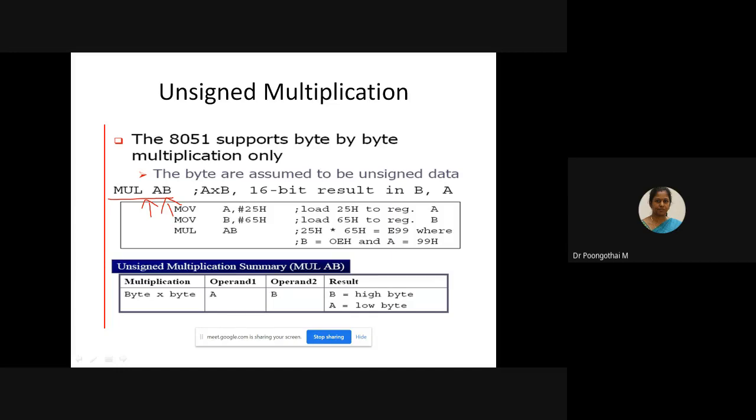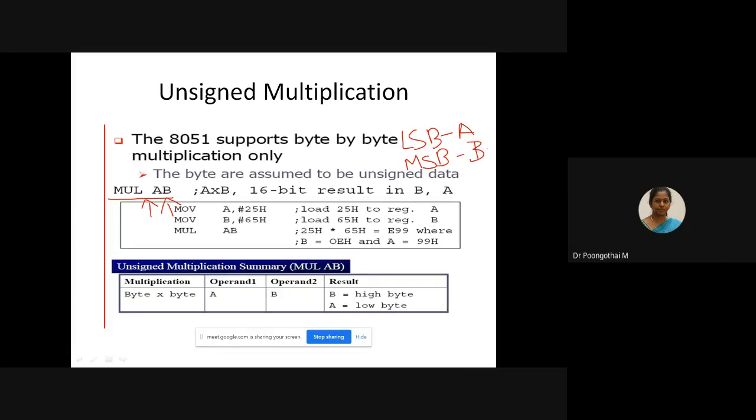You can load multiplier and multiplicand in accumulator and B register. After the multiplication, the result may be in 16-bit form. In that case, the LSB of the result is in accumulator and the MSB of the result is in B register.